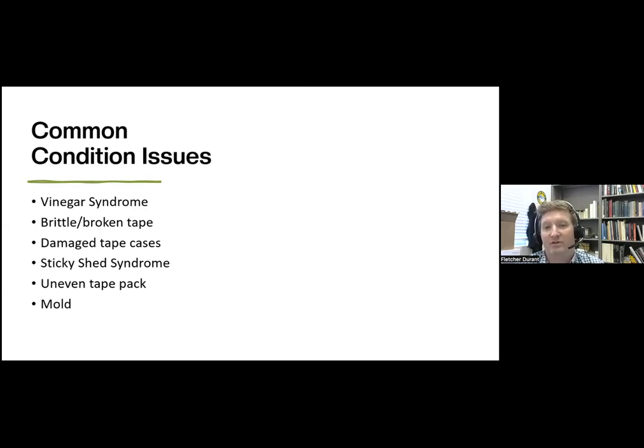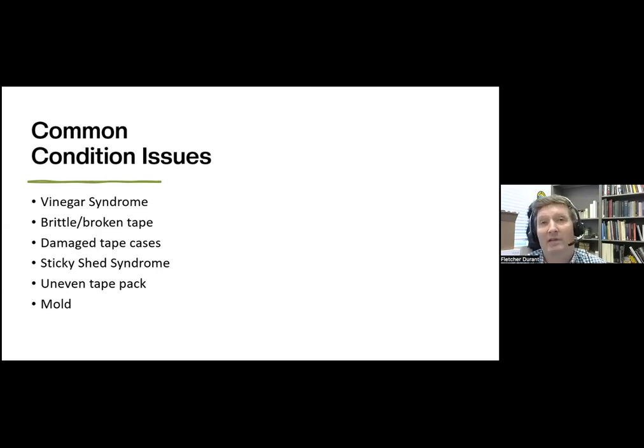Oftentimes, the physical cases, so the cassette of either the VHS cassette or the audio cassette, may be broken. The sprockets in the middle may be broken. The plastic may be beaten up, and so sometimes those cases need to be replaced. Sticky shed syndrome, as I mentioned, affects magnetic media, where the binder hydrolyzes and then often swells and can come off while playback is happening.